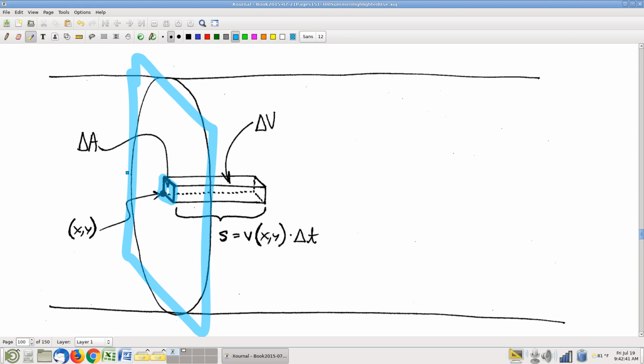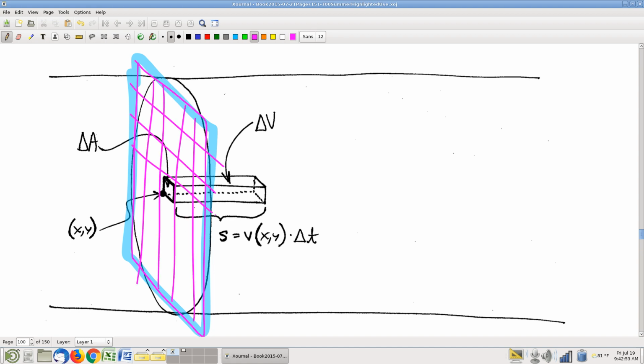If I want to know the total volume per unit time going through this pipe, that will be the sum of the flow rates through these individual pieces of area. In other words, the volume per unit time going through this piece plus the volume per unit of time going through this piece, etc. You add up all those volumes per unit time, and that's going to give you the total volume per unit time.